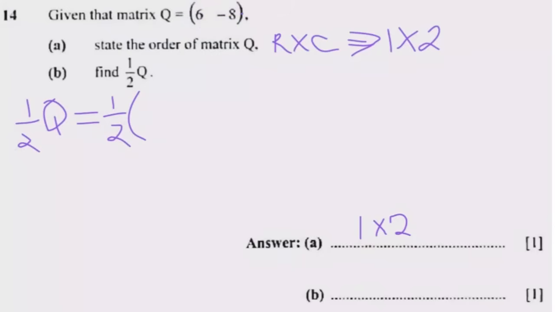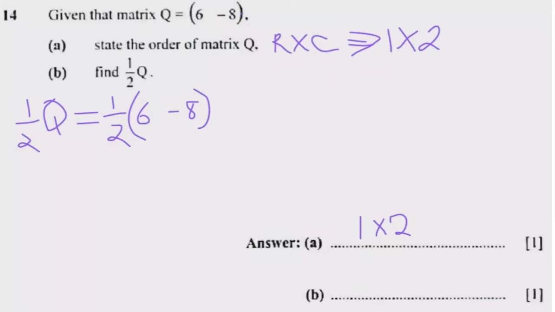Then we say 1 over 2, then the matrix is 6, then negative 8. Here we are multiplying 1 over 2, which is called a scalar, times each element of the matrix Q.